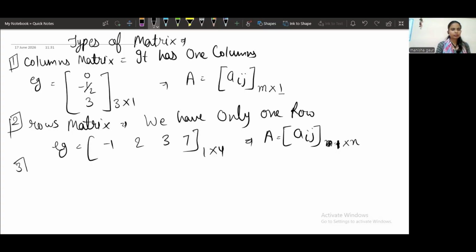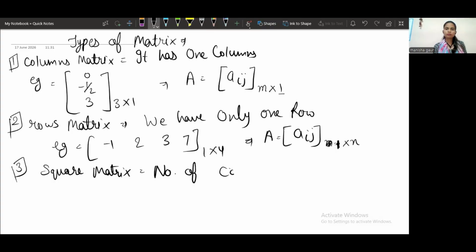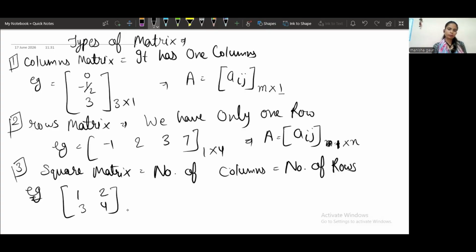Our next type is the square matrix. The number of columns is equal to the number of rows. Suppose the example is 1, 2, 3, 4. So the matrix is 2 by 2. And if we take another example, B, 0, 1, 3, minus 2, 5, 7, 3, 1 by 2, 1.